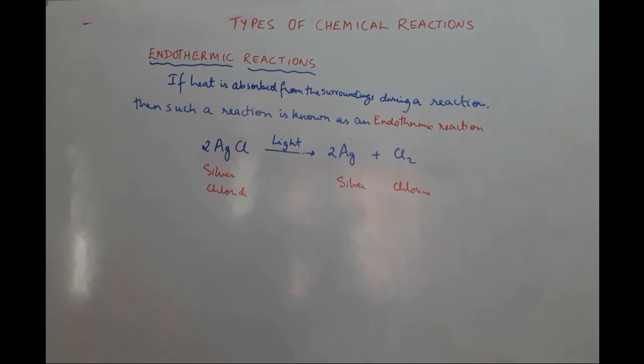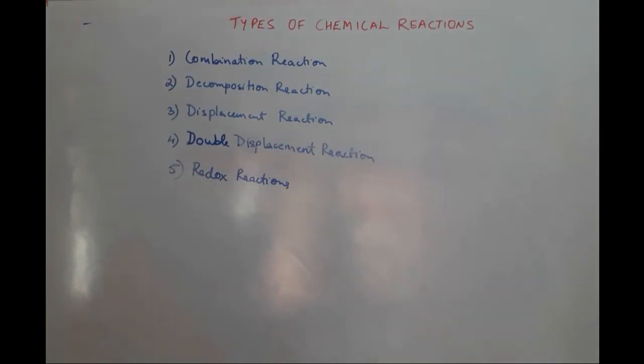They are classified into 5 main types. Let us see what they are. These are combination reaction, decomposition reaction, displacement reaction, double displacement reaction, and redox reaction. So there are 5 main types that we need to remember.